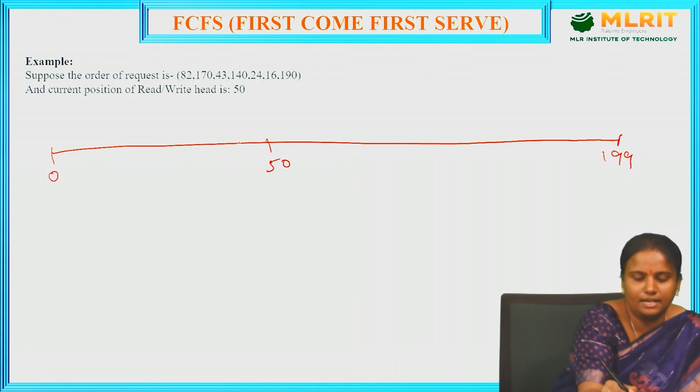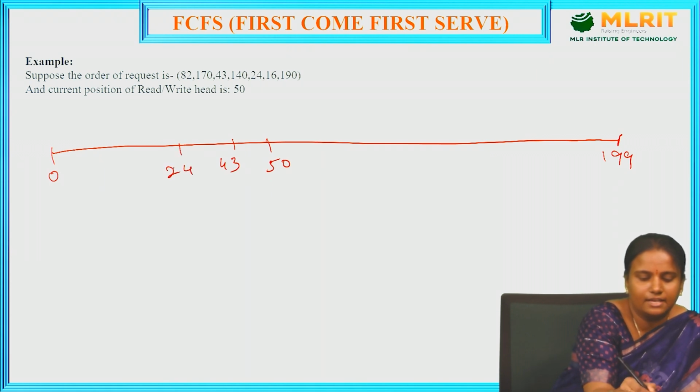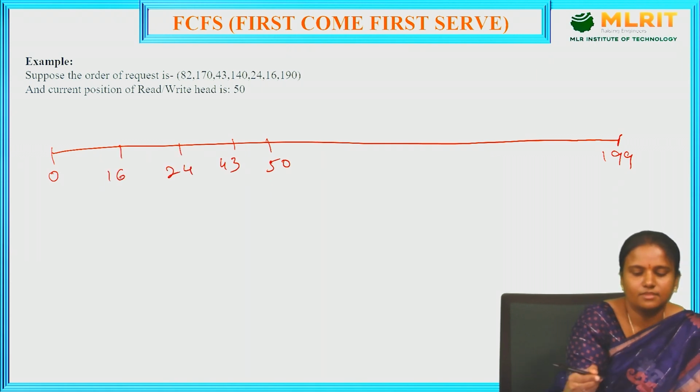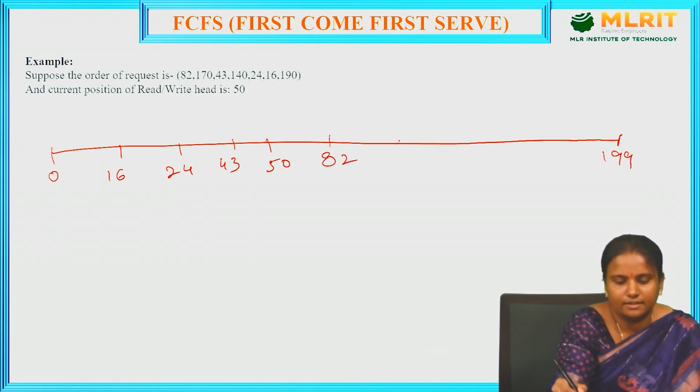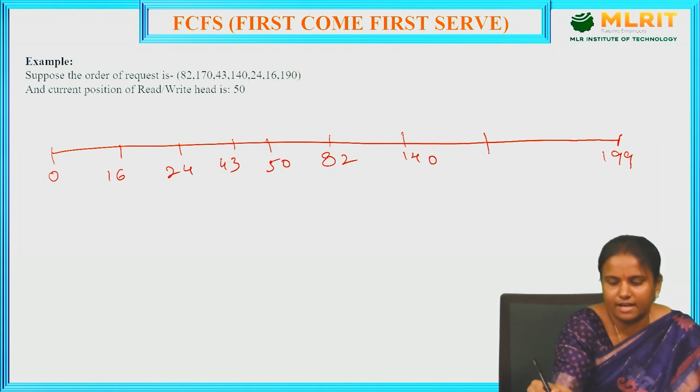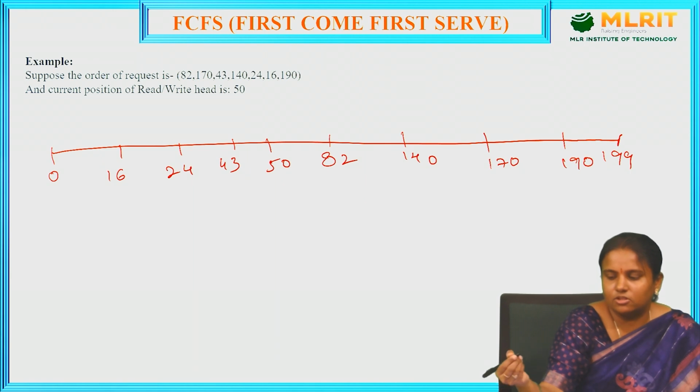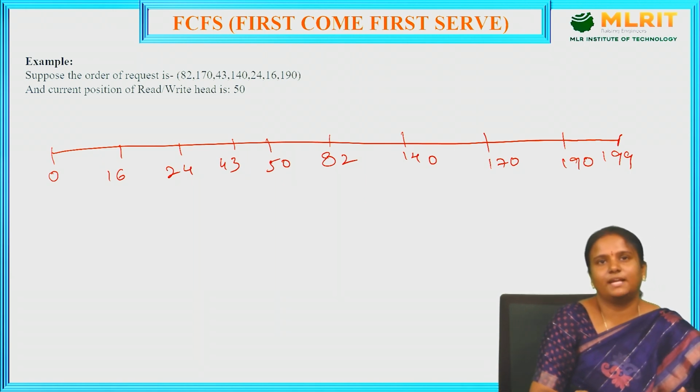Less than 50 are 43, then 24, then 16. Greater than 50 are 82, 140, 170, and then 190. These are the disks placed according to the arrangement given by the problem.